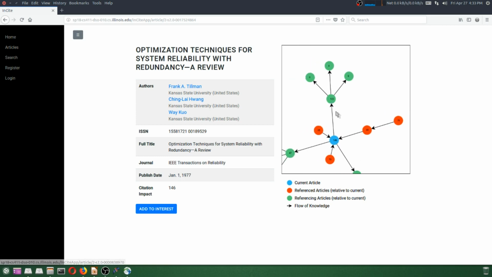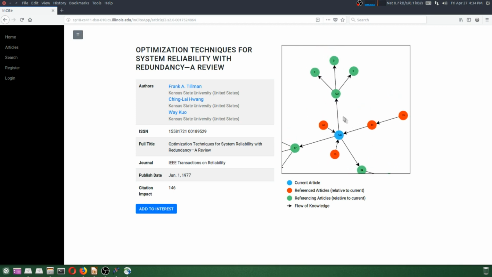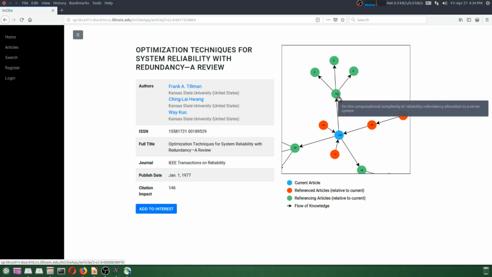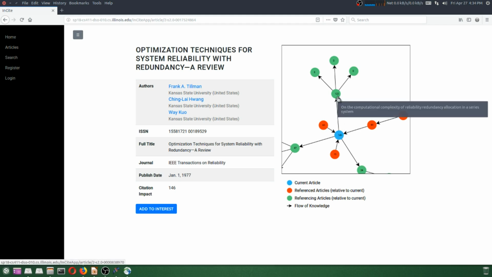The green nodes are what I call referencing articles, relative to the current article. What I mean by that is this one, for example, is referencing this article, so the current article exists inside its references, and that's why the flow of knowledge points from the current article to the referencing article.